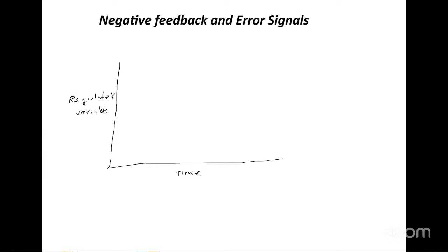So when I say that negative feedback means a change in the opposite direction, we're going to be cruising along with our temperature of 98.6, our regulated variable. We start to get a fever, our temperature starts to go up. Your body has sensors that note that difference. So this is our error signal, right?